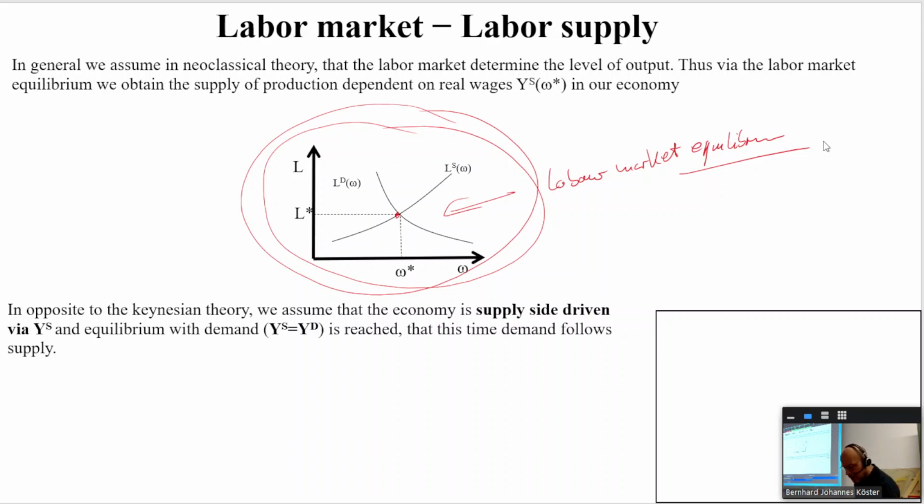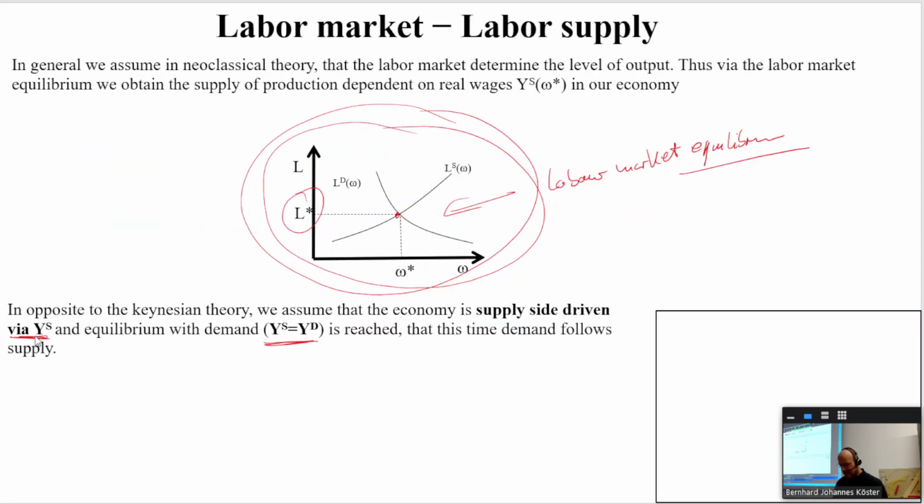And this means now we have here our optimal labor amount, and with this optimal labor amount we go to the production, and labor is the main production input, so this more or less determines our production level, and the demand is following our production level YS.